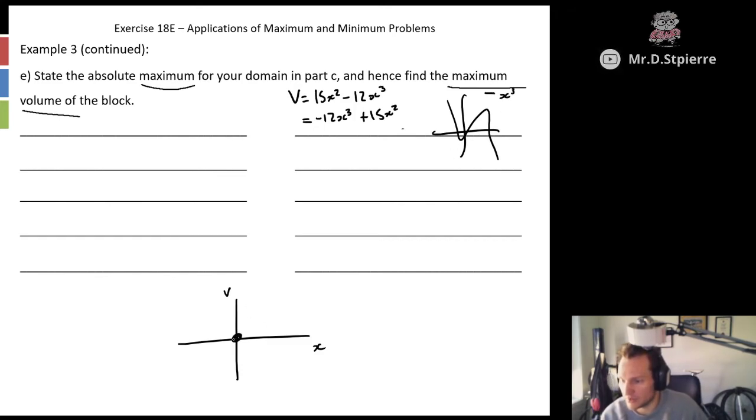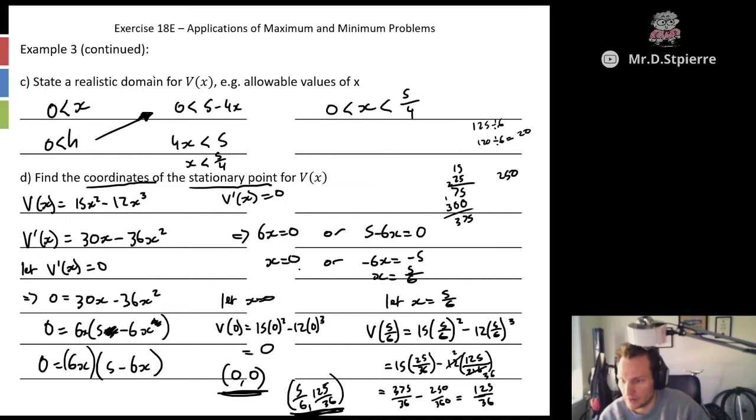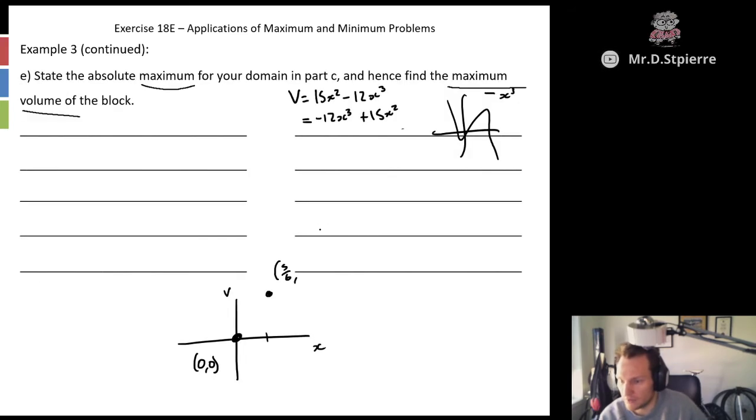And we know there was one stationary point at 0, 0, and then the one further on was 5 on 6, 125 on 36. Being a cubic means it has to come in like that and down.